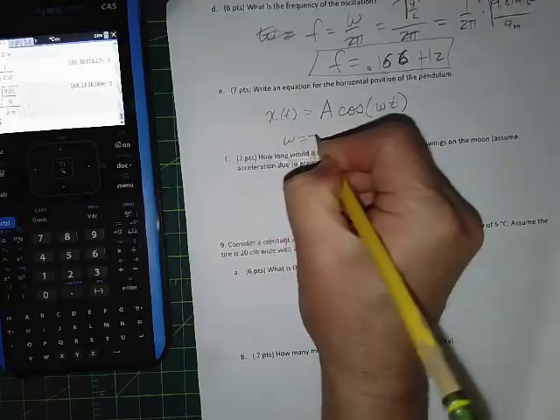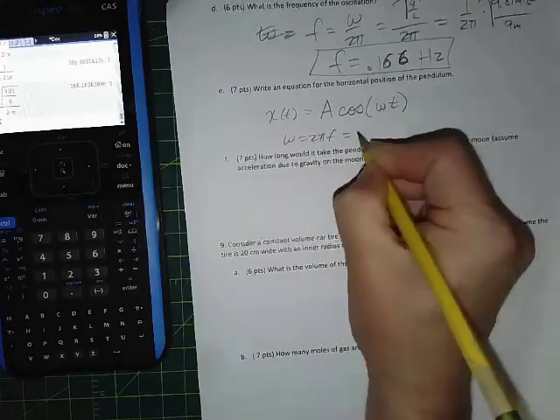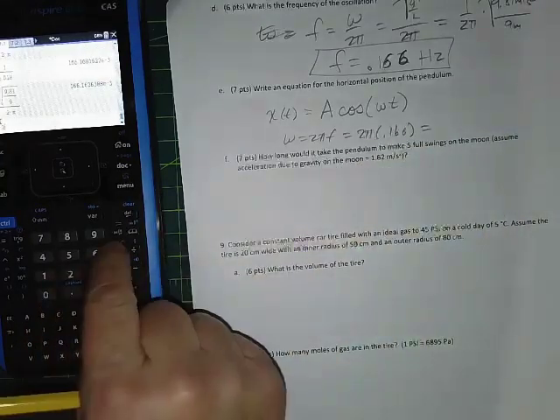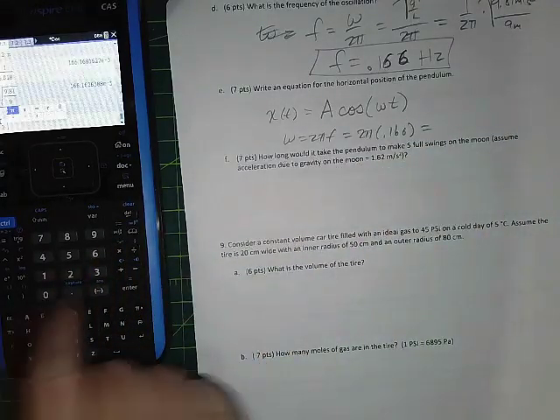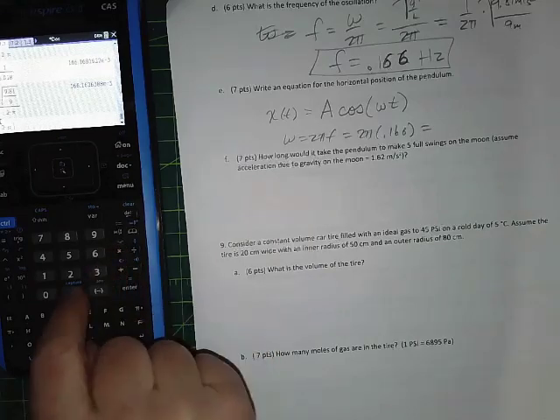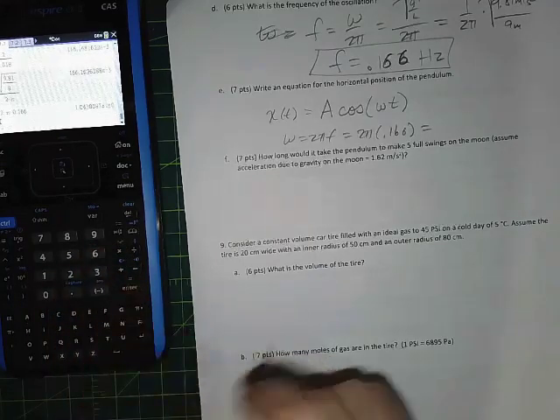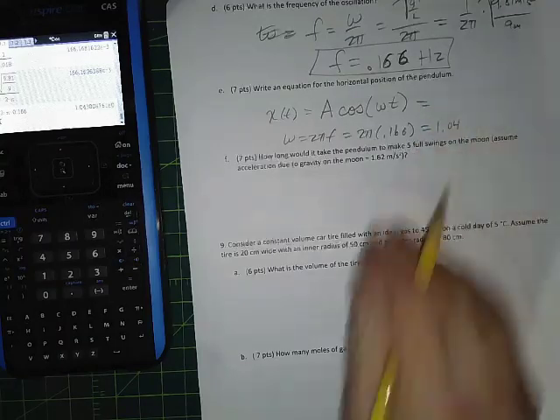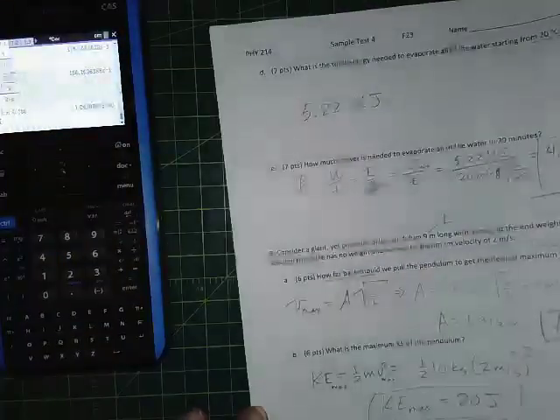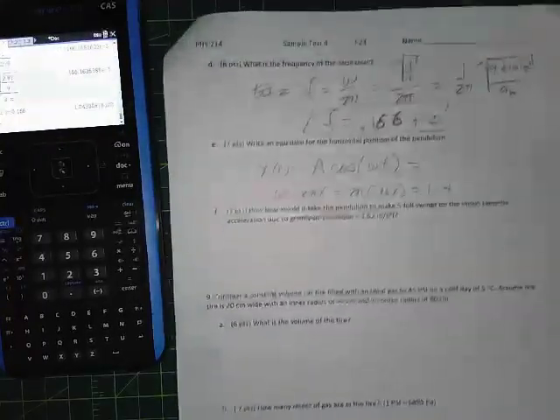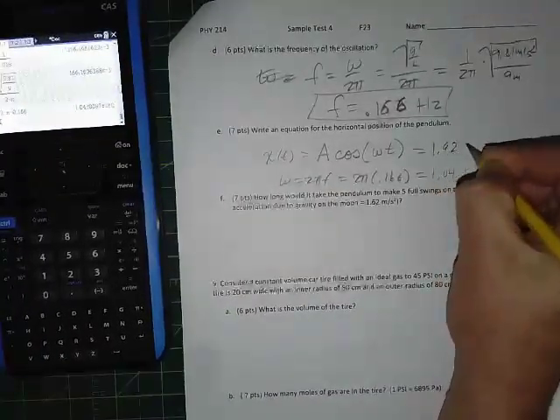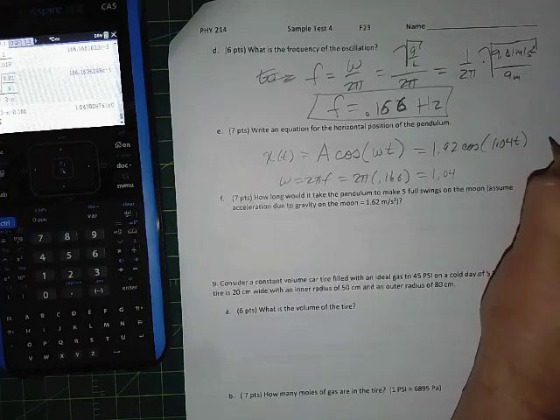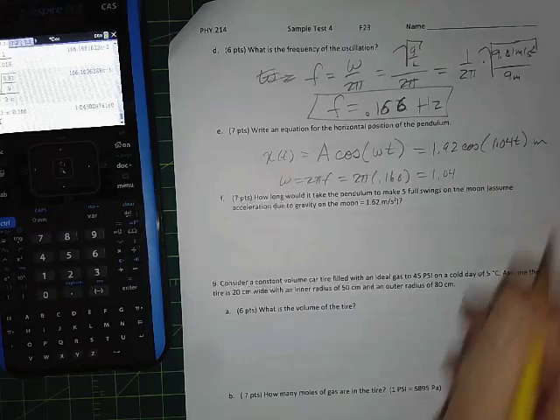Omega is 2 pi f, 2 pi times 0.166, 1.04. And we had A is 1.92, and it's in meters. So something like that.